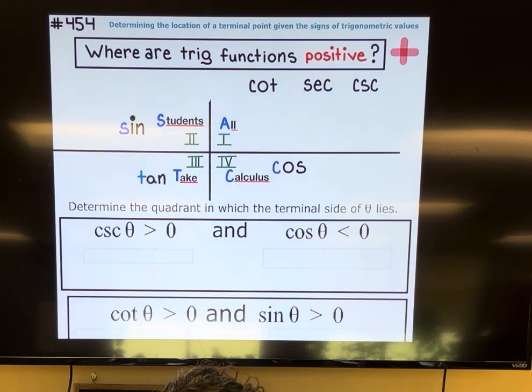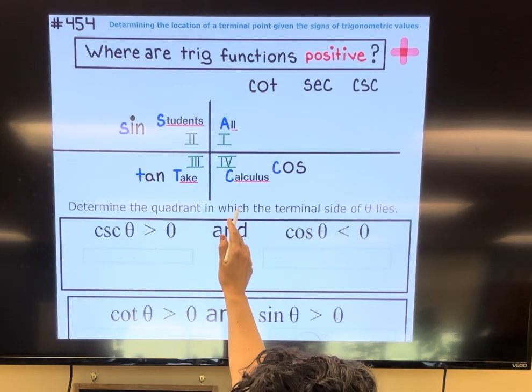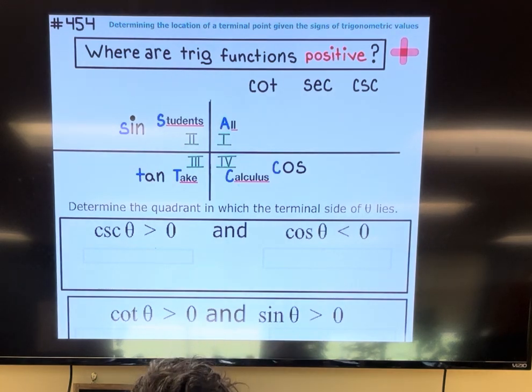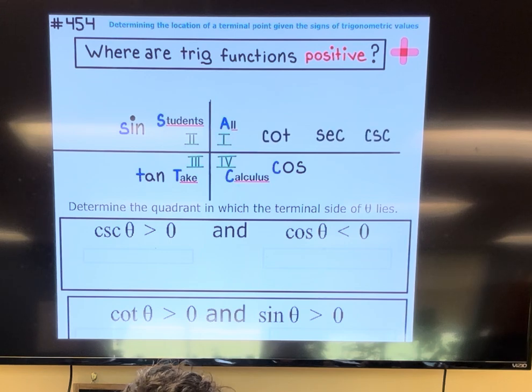Tangent, that's for the take. And then every single trig function in quadrant 1 is positive. So I'm going to put all of these ones, but I'm also going to come in and put in sine, cosine, and tangent.